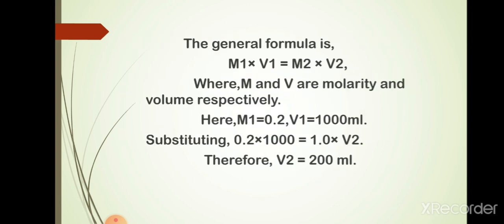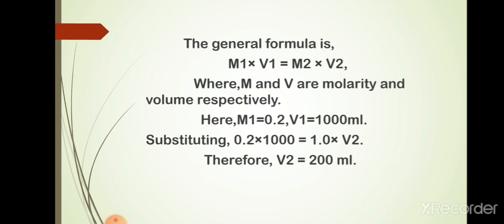For such calculations, we use the general formula M1 into V1 is equal to M2 into V2. Here, capital letters M and V are molarity and volume respectively. In this case, M1 is equal to 0.2, V1 is equal to 1000 ml and M2 is equal to 1.